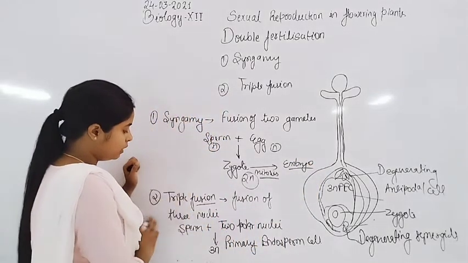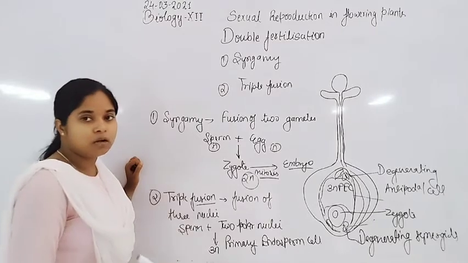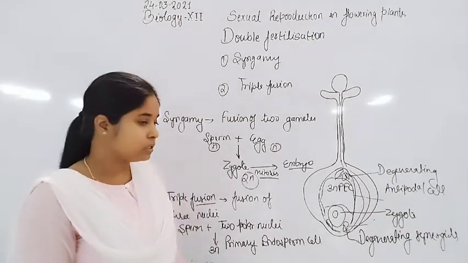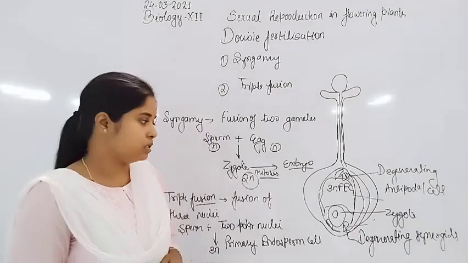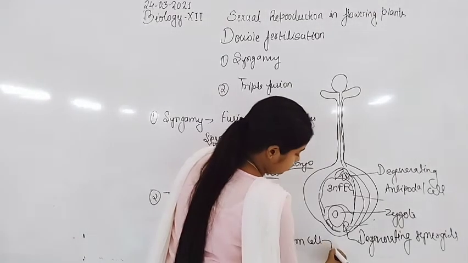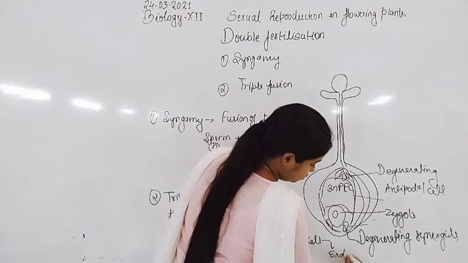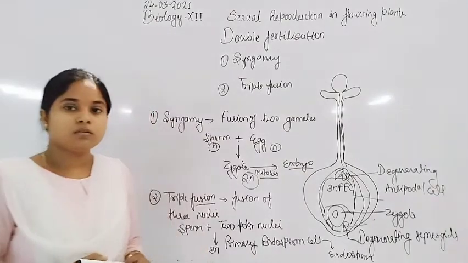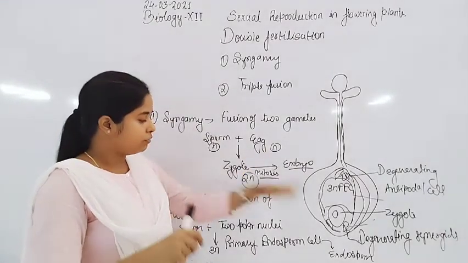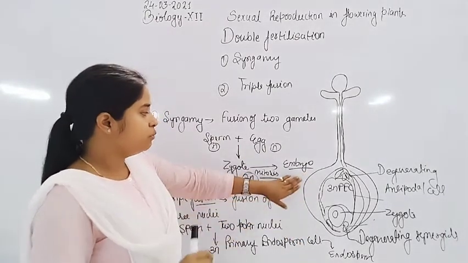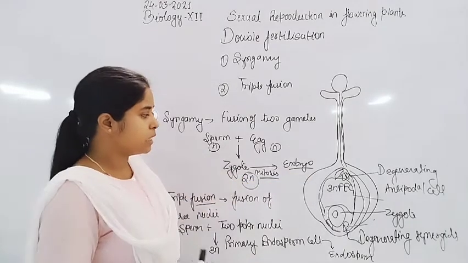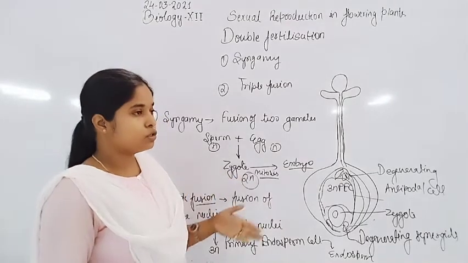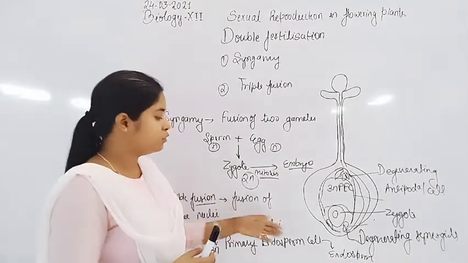The primary endosperm cell also undergoes multiple divisions, or multiple karyokinesis, and the result is endosperm. So after fertilization, how does the embryo develop inside the embryo sac, how is the seed formed, and how does the endosperm form?